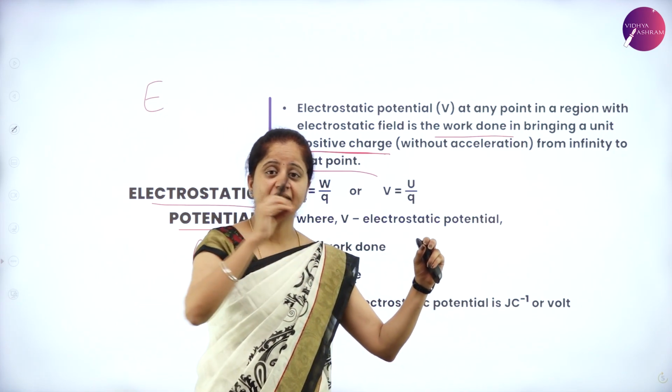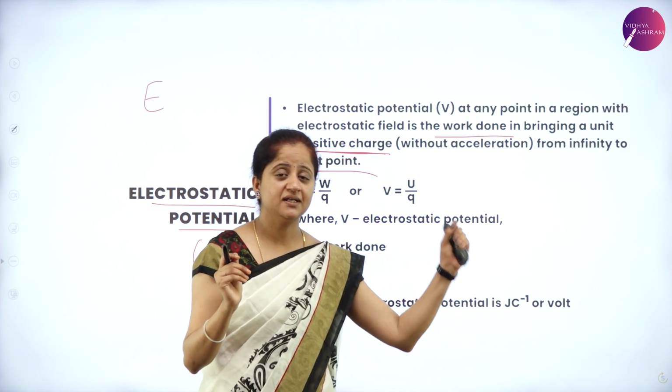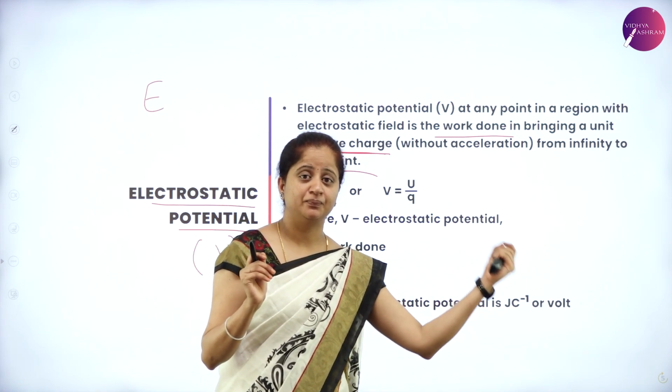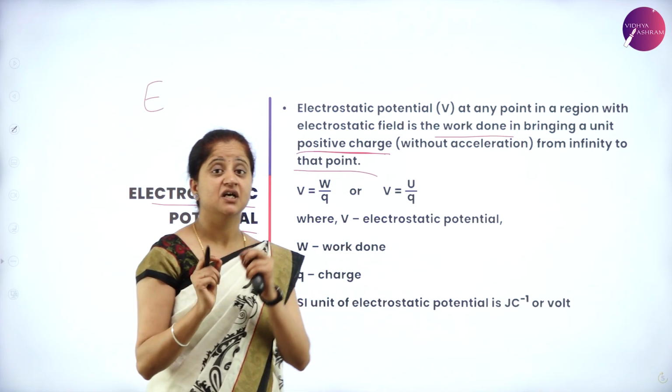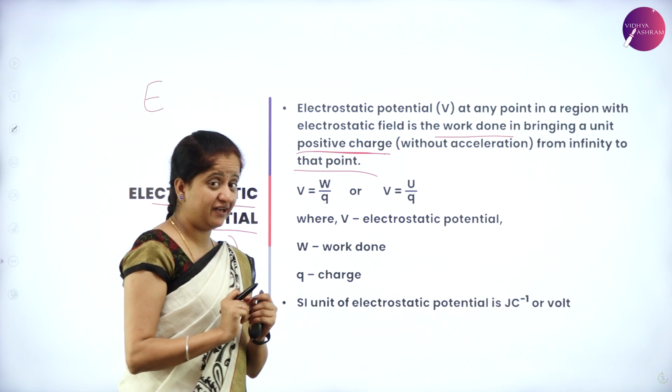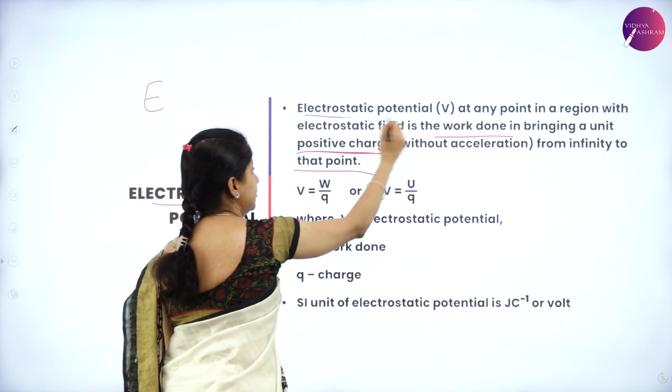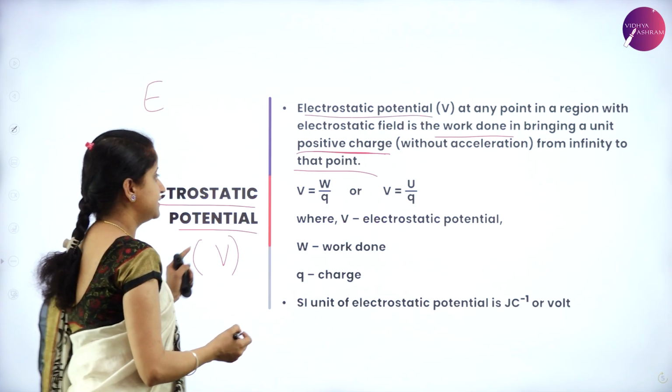We have to bring that into an electric field. So what is the amount of work done to bring the unit positive charge from infinite distance to one particular point in an electric field?